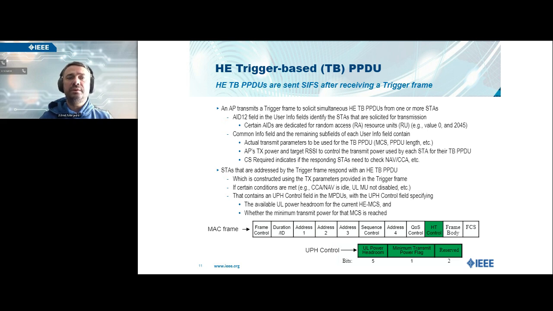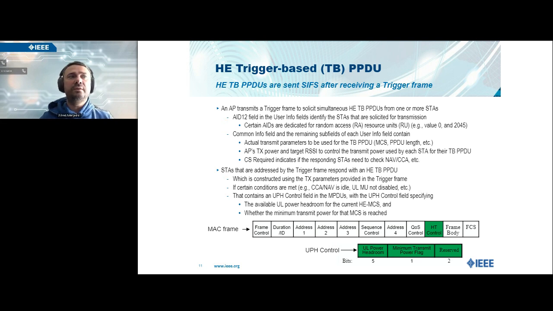So the AID12 is going to identify the station that is solicited for transmission in response to a particular trigger frame. And we do have certain AIDs that are not being used by any station that are essentially dedicated for random access. So if a station sees a user info field that has an AID that is identified as for random access, these stations can randomly contend over these random access resource units, which are identified by values 0 and 2045.